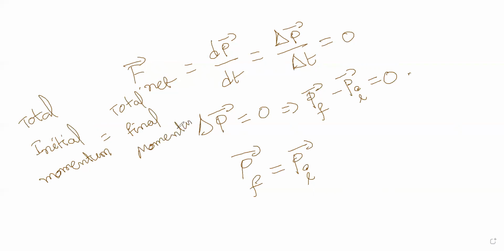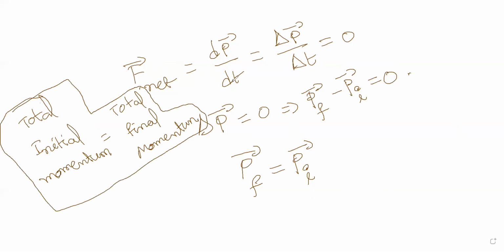So this is applicable when you are considering a system which is completely isolated and there won't be any force acting on the system. Under that condition, you can say the total initial momentum is equal to total final momentum, or net momentum is constant. So that is another factor you can think of. Or you can say that complete change in the momentum is zero, P final minus P initial is equal to zero. Different ways you can express.